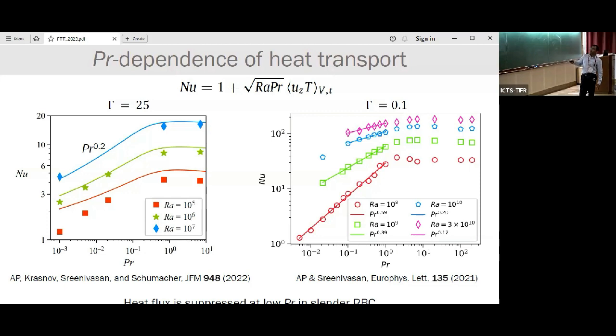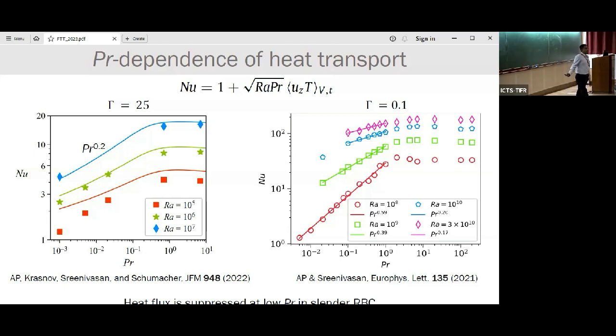But at lower than Prandtl number 1, we have a steeper increase in heat transport at lower Rayleigh numbers. And this exponent is indicating this steepness. So we can see that this increases as Prandtl to the 0.6, then it decreases to 0.4, 0.2, and then it nearly saturates at 0.2.